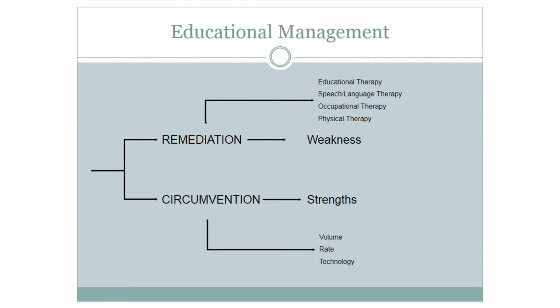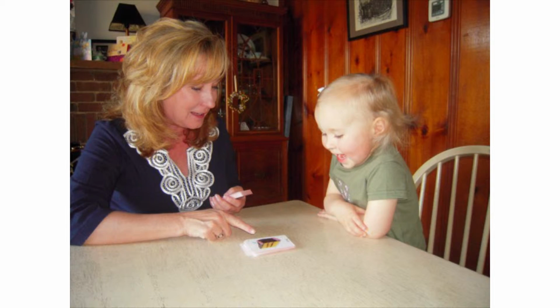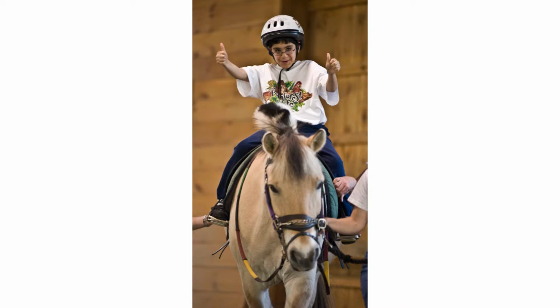The younger the child, and we're focusing on early identification, the more aggressive our interventions are going to be in terms of remediation, and we want that there. So that's specialized services, typically speech language, OT, special education. And what we're doing is trying to strengthen the weaknesses.